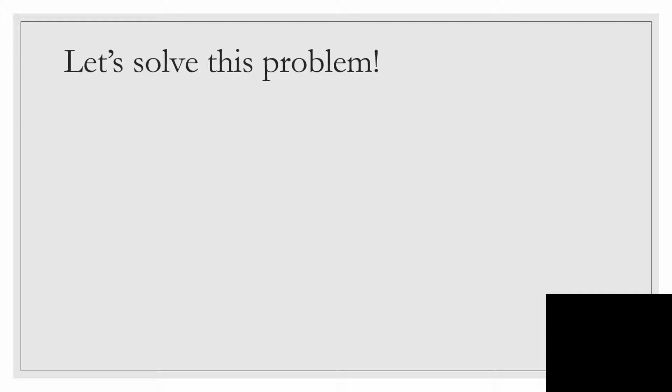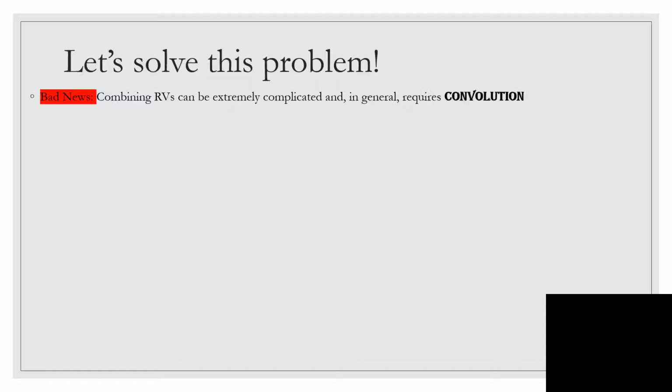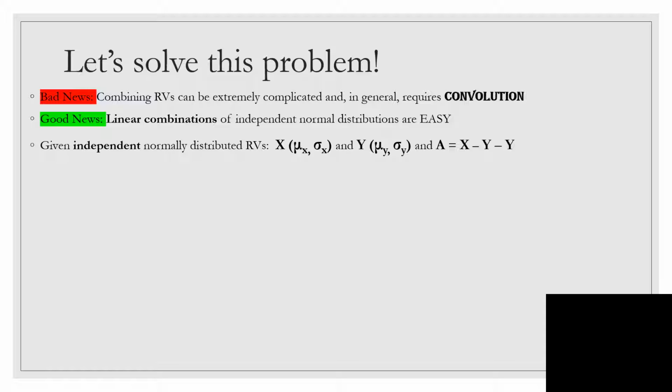All right, let's solve this problem. Here's the bad news. Combining random variables can be extremely complicated and in general requires convolution, a mathematical technique that has been the end of many a graduate student. The good news is that linear combinations of independent normal distributions, which is what we have here, are easy.